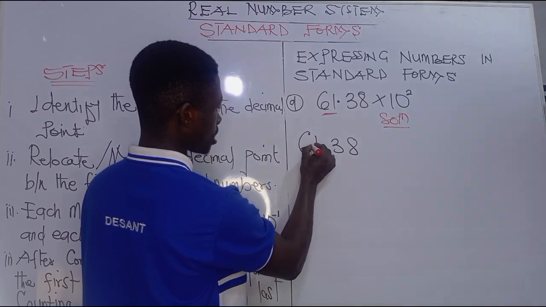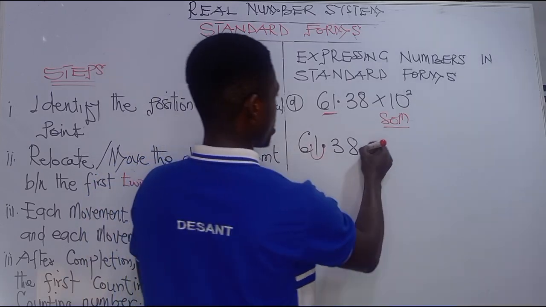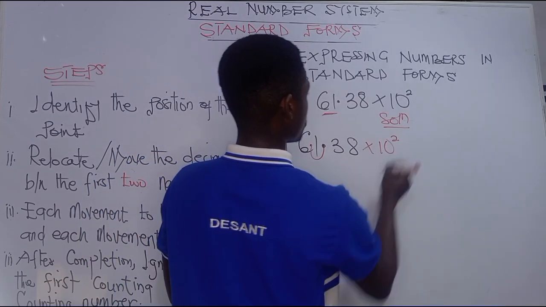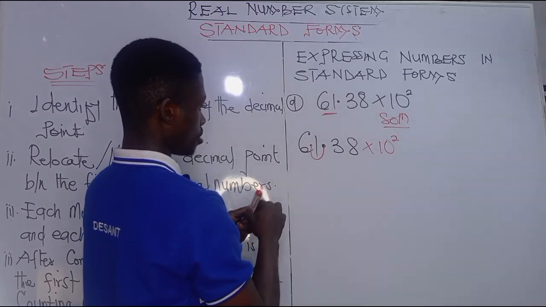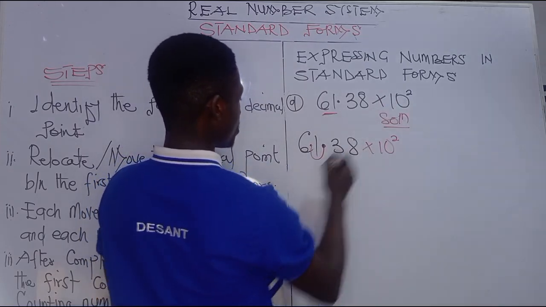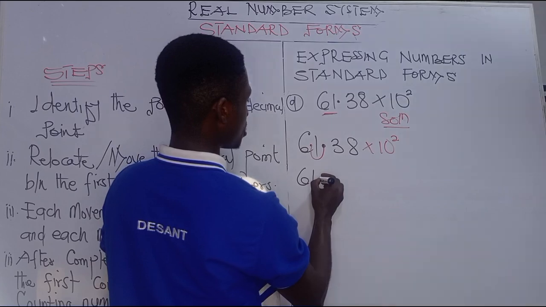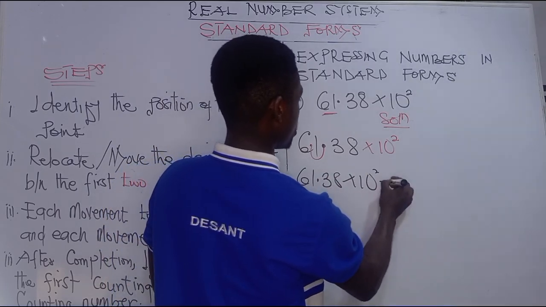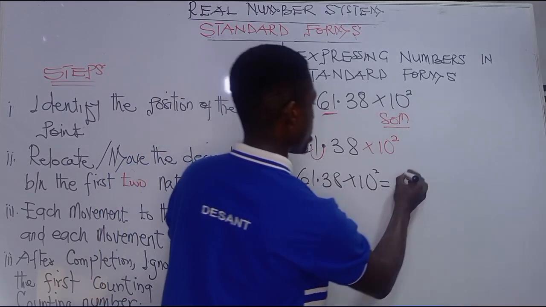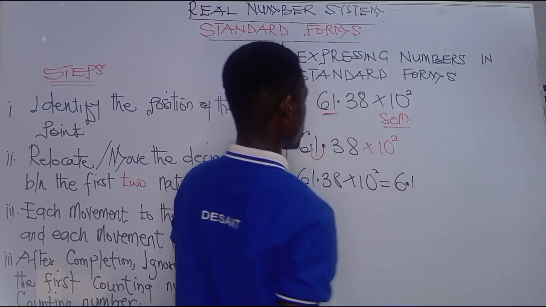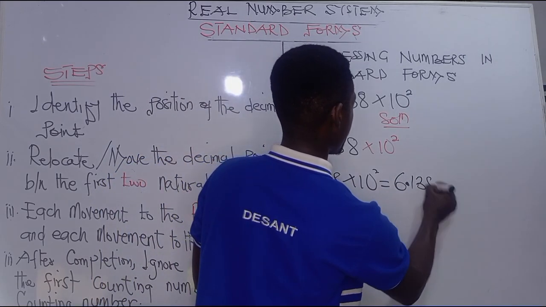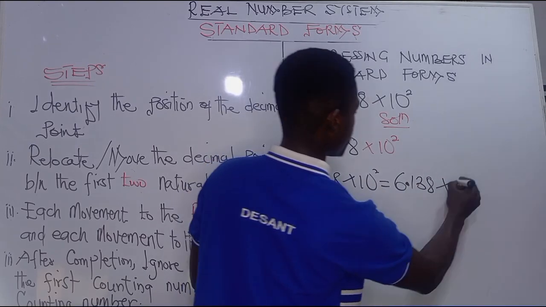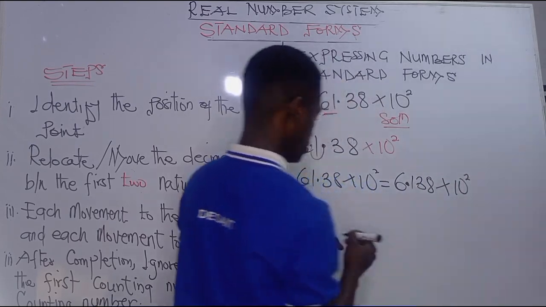So we have 1. So this is already times 10 power 2. So we have 61.38 is equal to, now our point is here, we have 6.138 times 10 power 2.